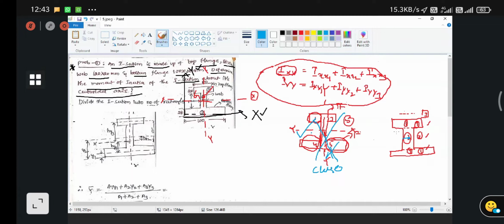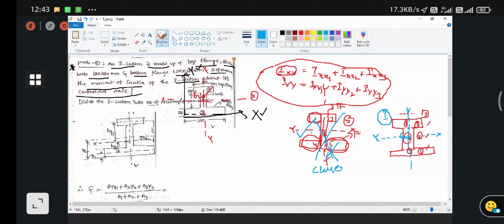But see here, you can see very clearly that the centroid will be located here only. So we are going to assume that centroid location, and afterwards you are going to draw the central axes, here xx and y. This entire I section is symmetrical about which axis?